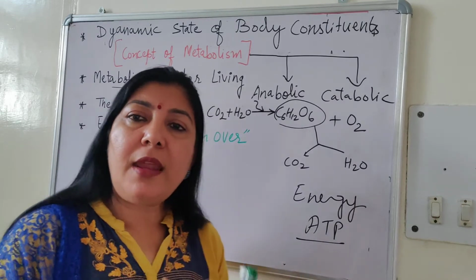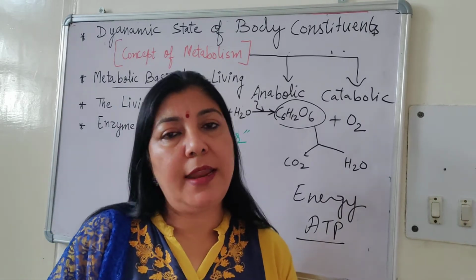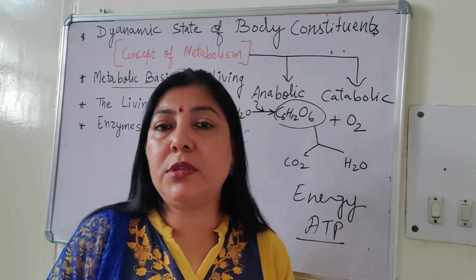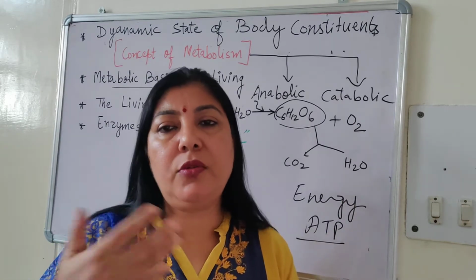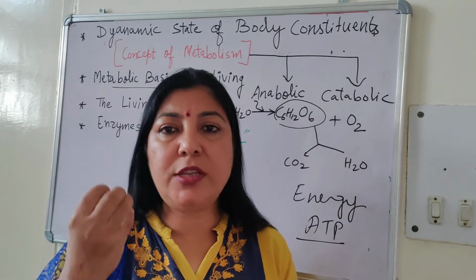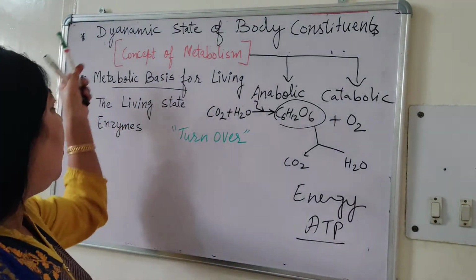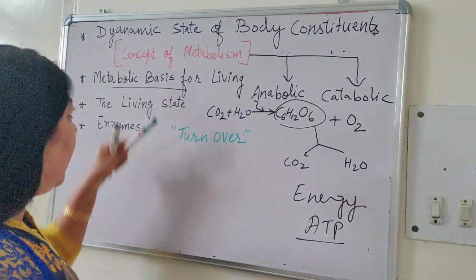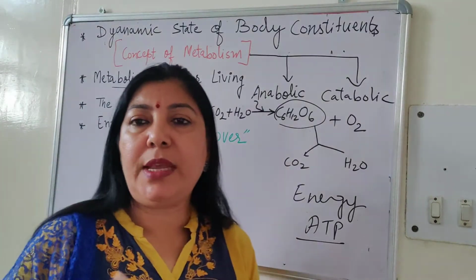In the same way, similar movement of molecules takes place inside a living cell. Every molecule knows when to get converted into another molecule, in how much amount and when. This is called the dynamic state of body constituents, and it is totally dependent upon the metabolic basis.